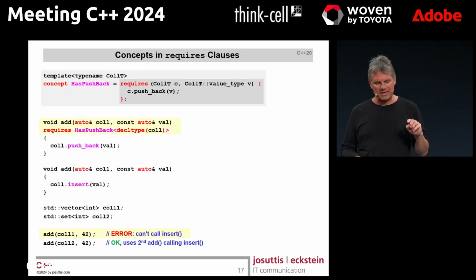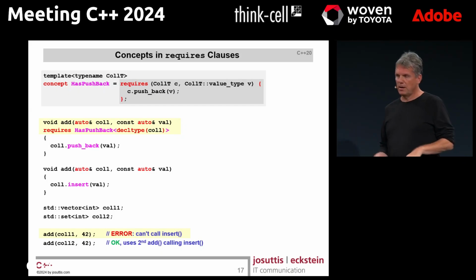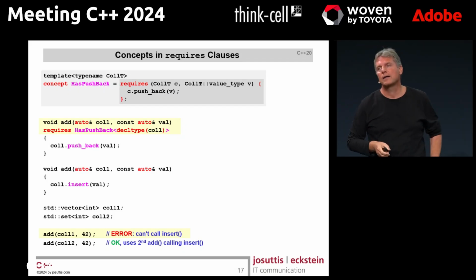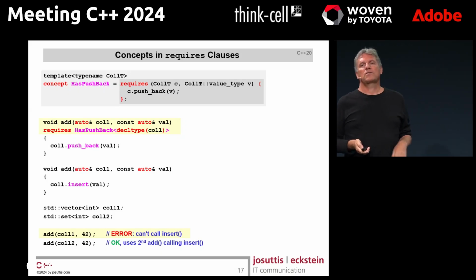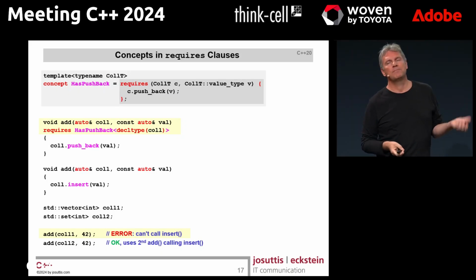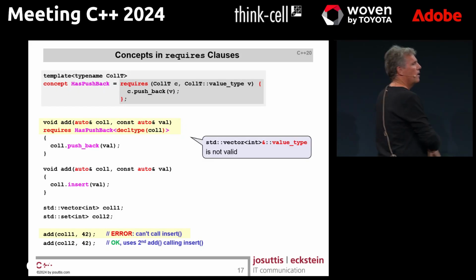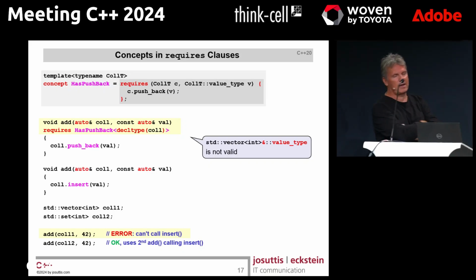And now the question is for this type, is the requirement satisfied on the top right? And the answer is no. Why? Because references have no members. So there, the problem is on the top right, the declaration of call t : value type.